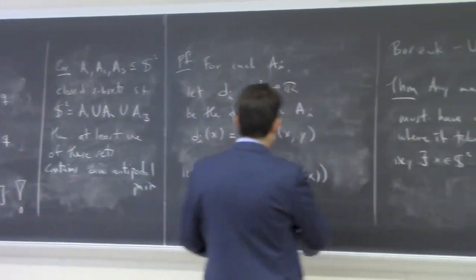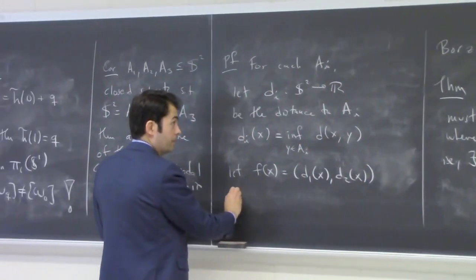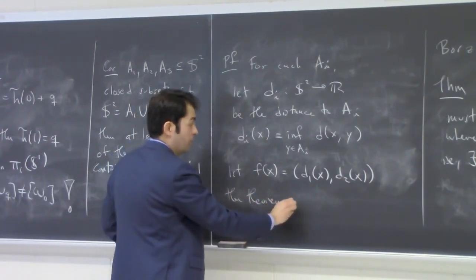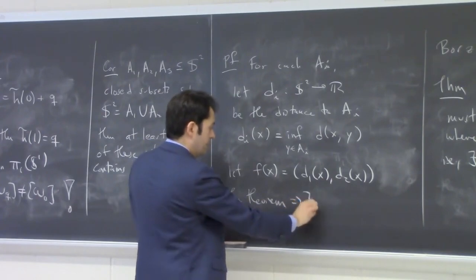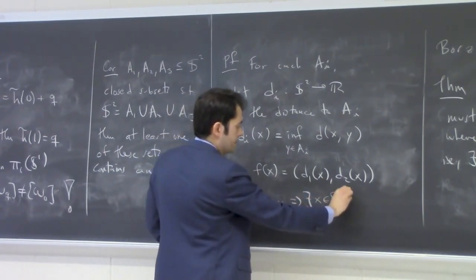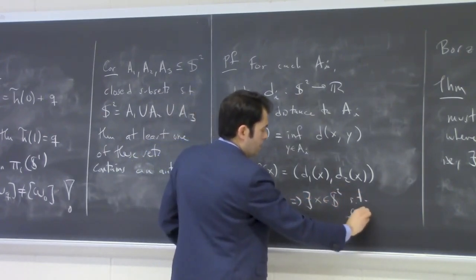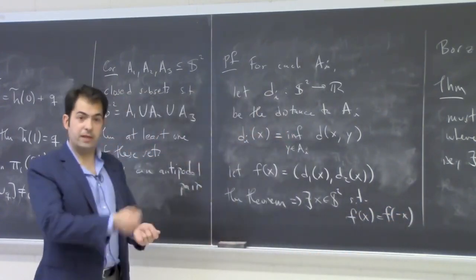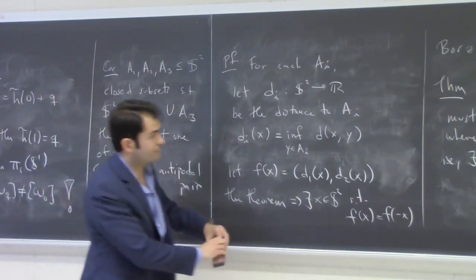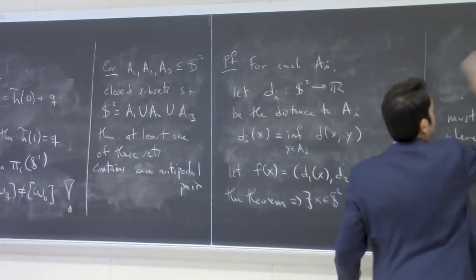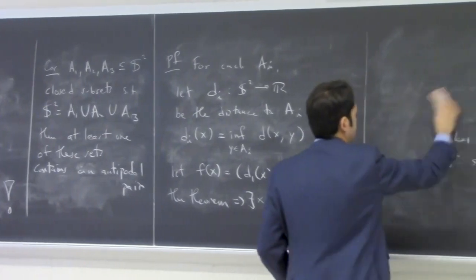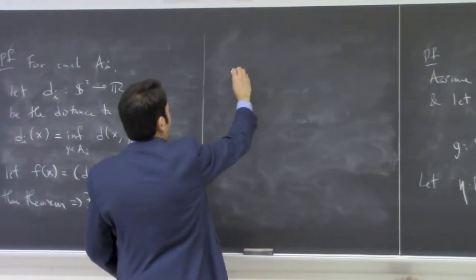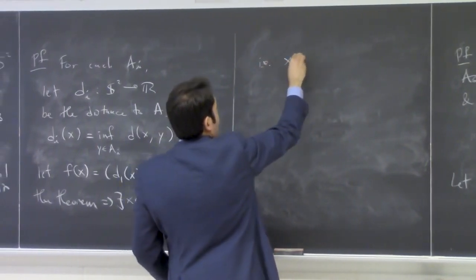Okay, so the Borsuk-Ulam theorem, before I erase it, implies that there is some point for which f takes the same value on that point and the antipodal point. So this is great.